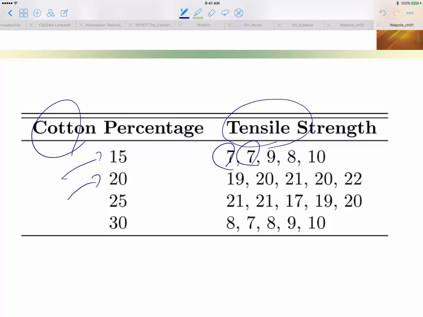So this is like the strength of your clothes. If we use less cotton, it will hold less force. And so these are the measurements. For each cotton percentage, we obtained 5 different samples and so on. Okay.